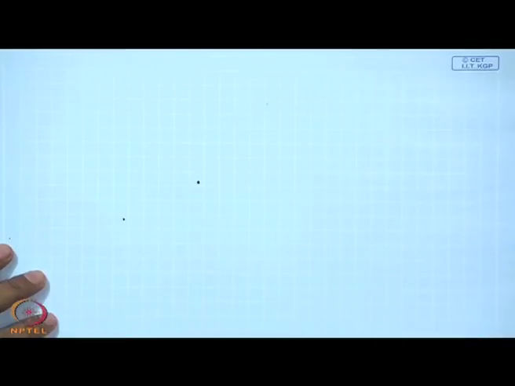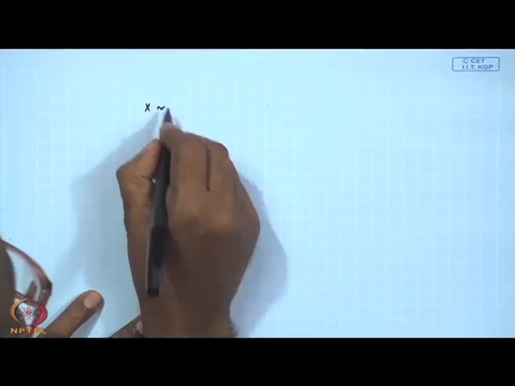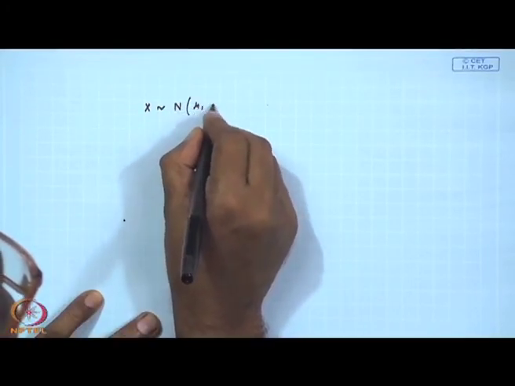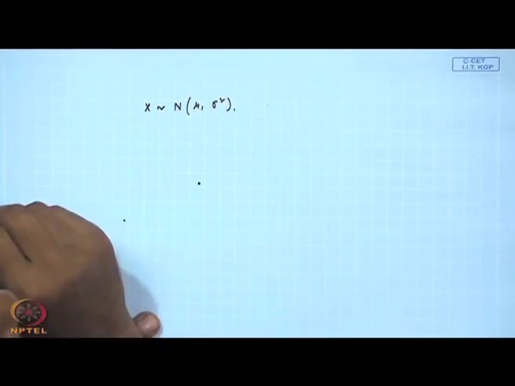Now, when p equals 1, that is the univariate normal. What is the definition, the probability density function of the univariate normal? Suppose x is a random variable which is univariate normal with mu and sigma square.